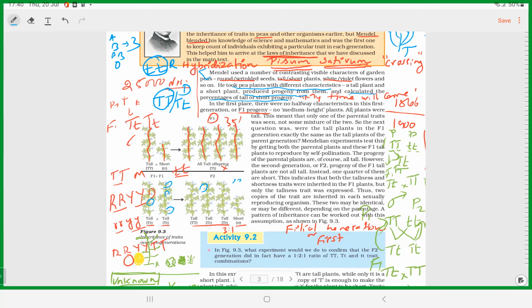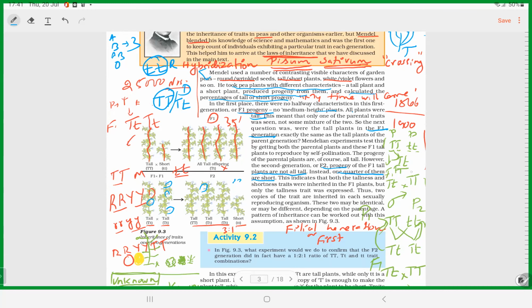Okay, fine. So here in the first, he selected the first generation. What is first generation? Or F1 progeny. All were tall. Look at it, first generation, all were tall. And then he selected all the F1 generation, and then he got, means not all plants are tall. In the F2 generation, 1/4 of them are short.